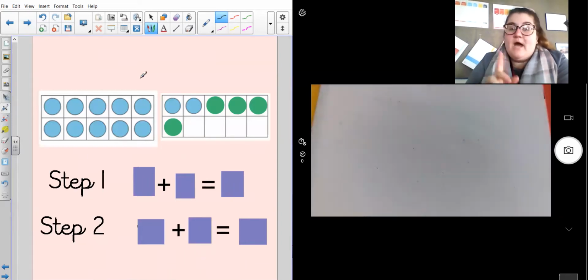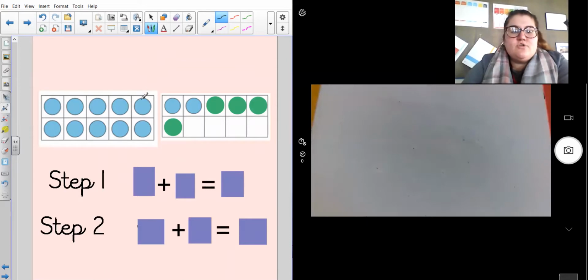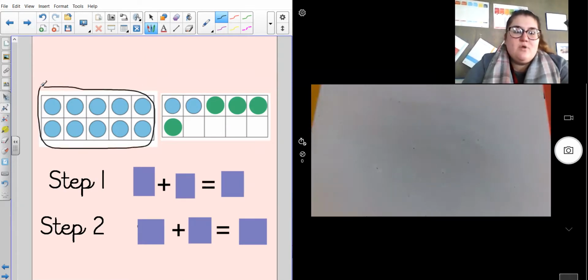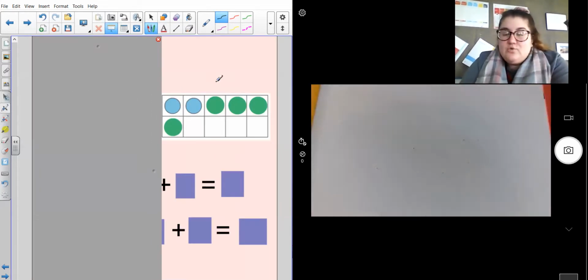So step 1, I am going to add the ones. So for the moment, I'm just going to ignore this group here because this is a group of 10. Okay, this is 1, 10, but I'm not focusing on the groups of 10 right now. I'm focusing on the ones. And can you tell me, looking just at this side, how many blue dots can you see?